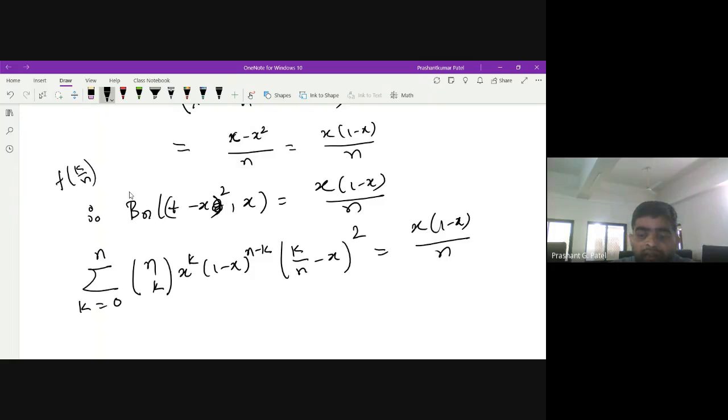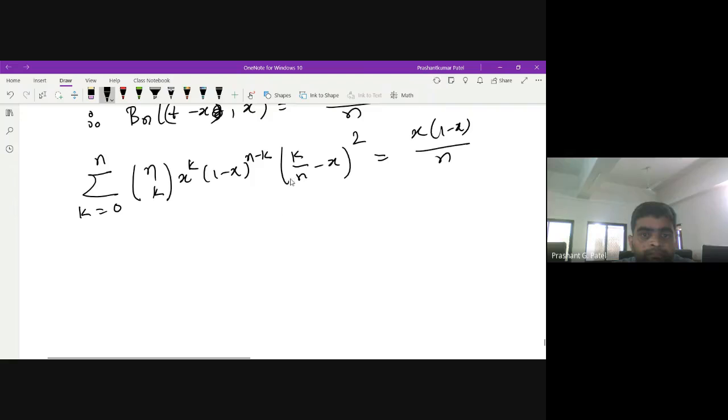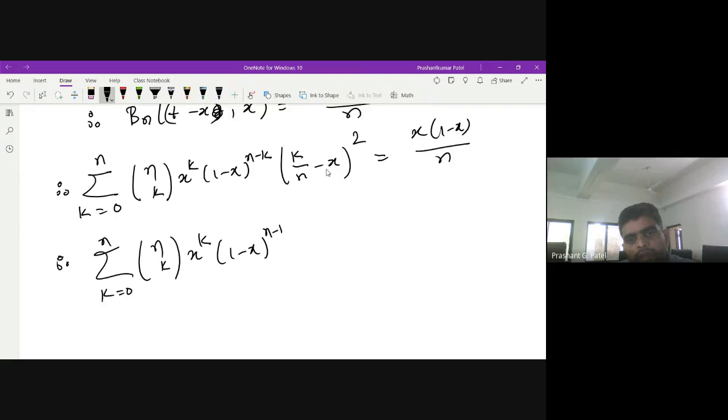And if I take the LCM as n square here, then this is the expression we can write down: summation k running from 0 to n, nCk, x power k, (1 minus x) power n minus k, (k minus nx) whole square, and divided by n square is there.